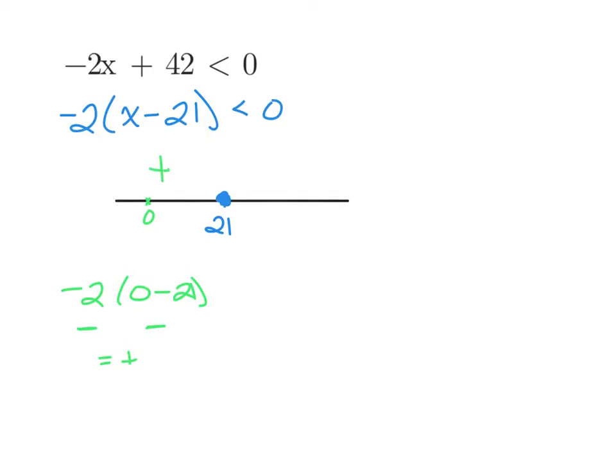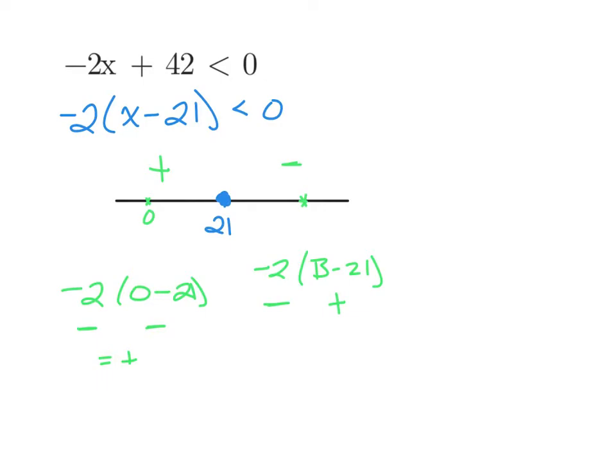Then we do the same thing on the other side, and we pick any number out here, and it doesn't matter which one, so I'm going to take a billion. And if we take a billion, -2 times a billion minus 21, well, -2 is always negative, and a billion minus 21 is going to be positive. So negative times positive will be negative.